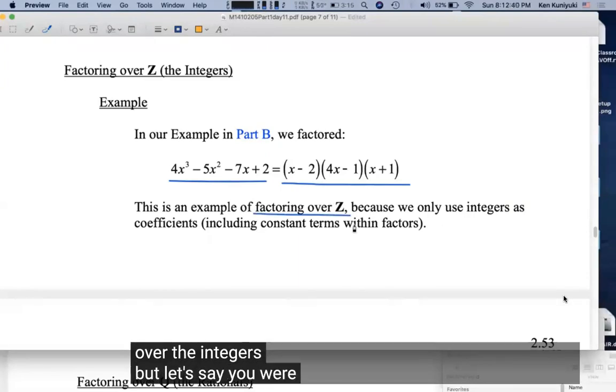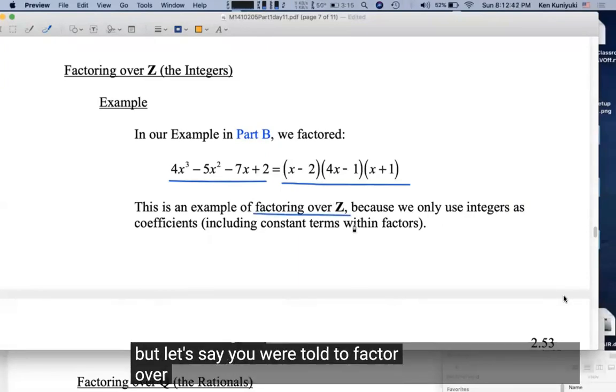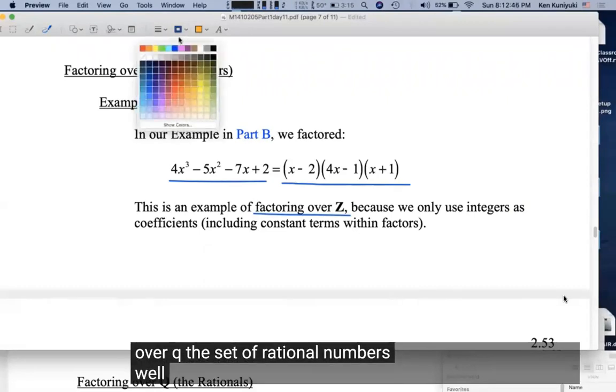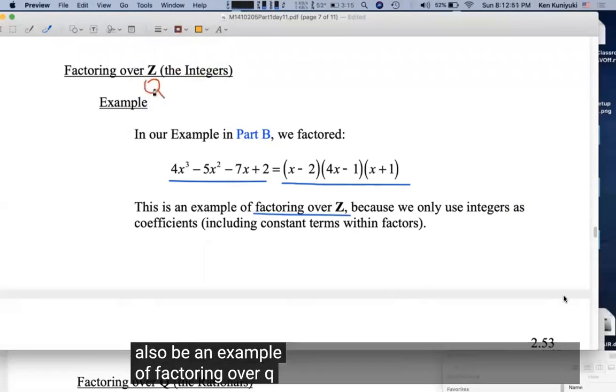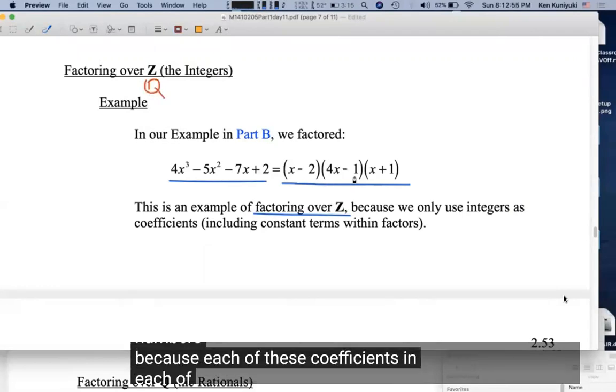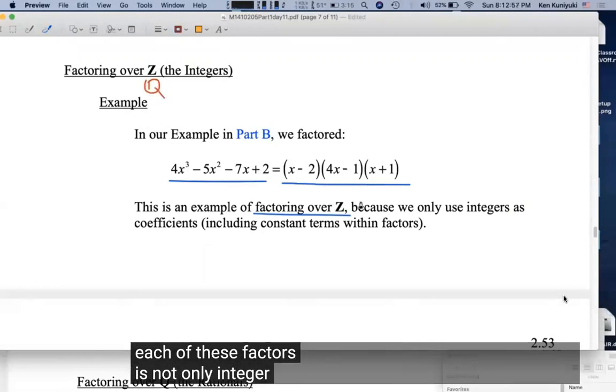But let's say you were told to factor over Q, the set of rational numbers. Well, this would be acceptable. This would also be an example of factoring over Q, the set of rational numbers, because each of the coefficients in each of these factors is not only an integer, each coefficient is also a rational number.